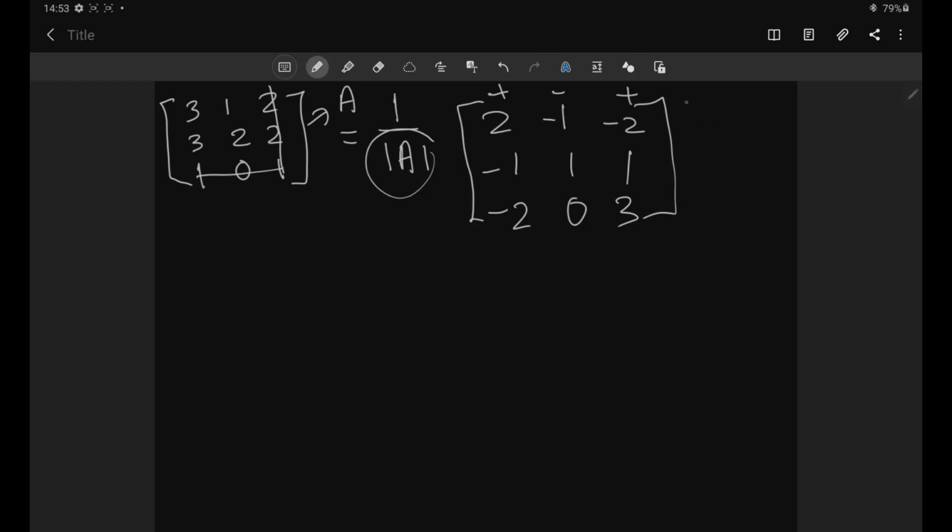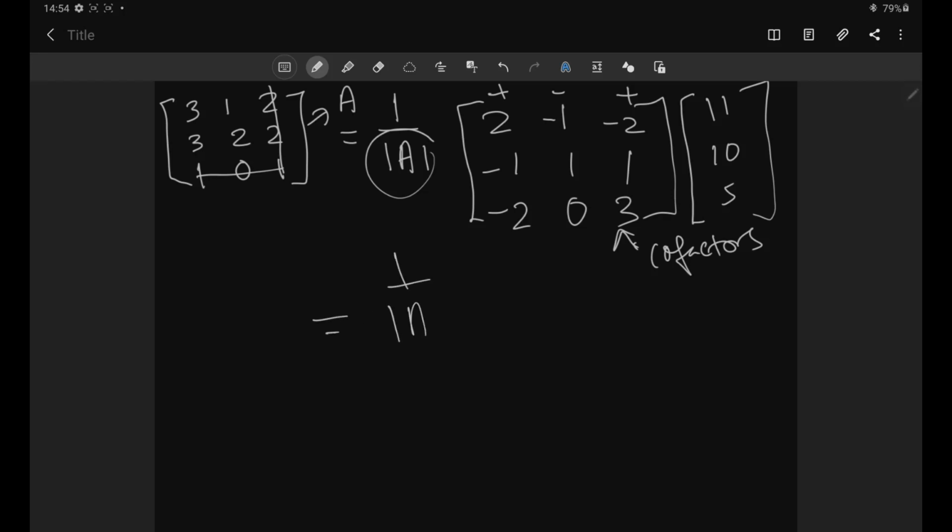Okay. And then we have B just now, which is 11, 10 and 5. This is the cofactors. So how to find 1 over A, the adjugate, the transpose of the cofactors?